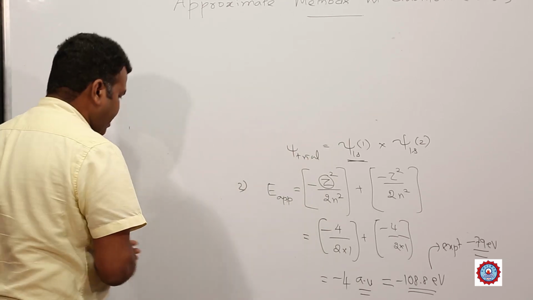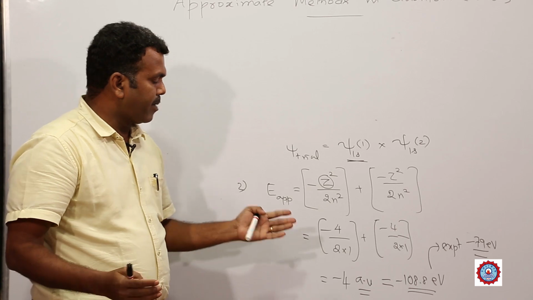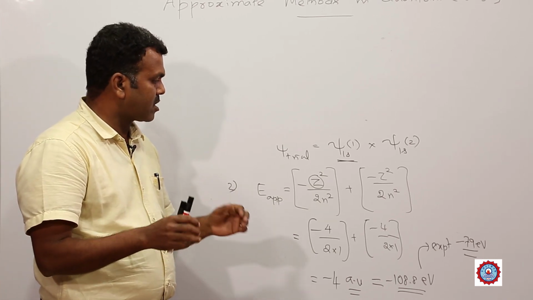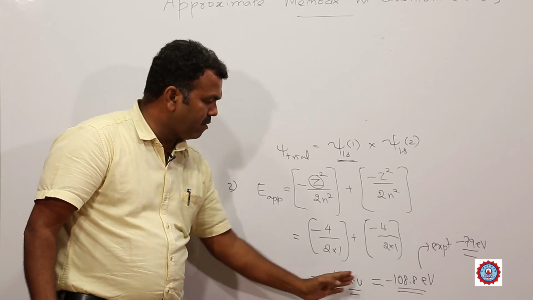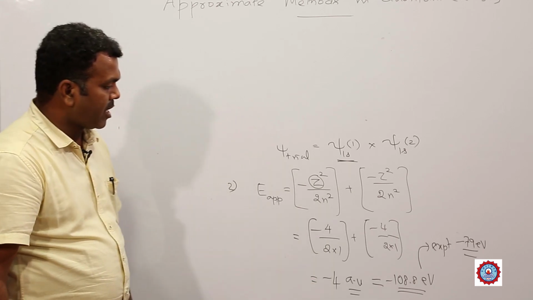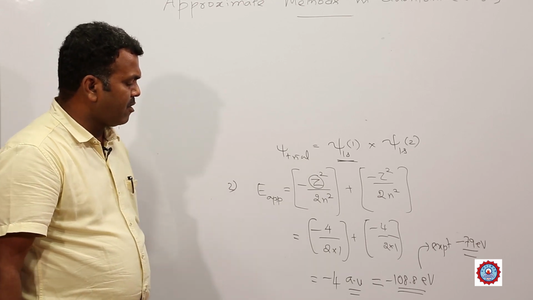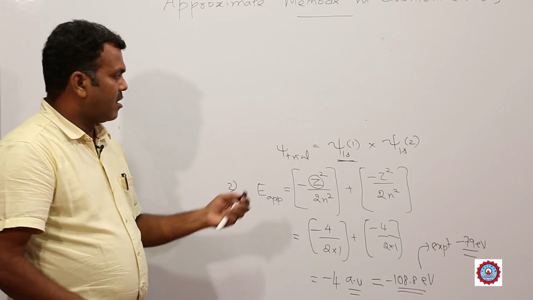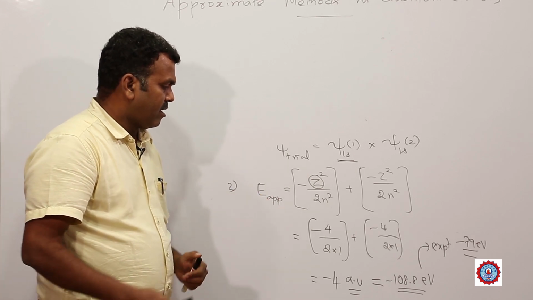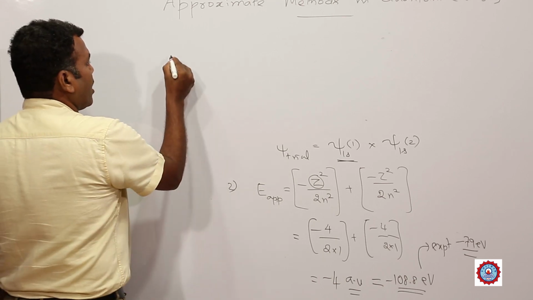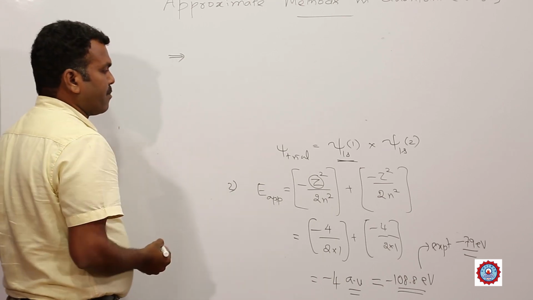If you assume the 2 electrons are independent, then we end up with the result of minus 108 electron volt, which is definitely far away from the experimental value. Therefore, we cannot use this method for calculation purposes. So, I am going to apply the variation method for this system.